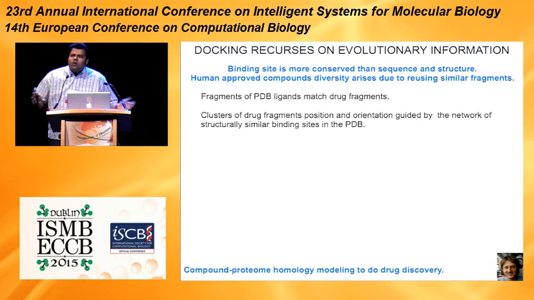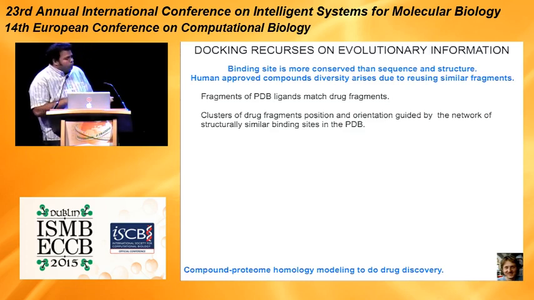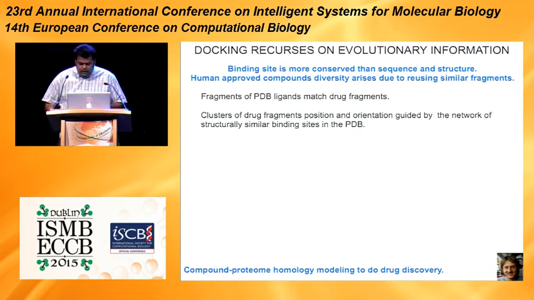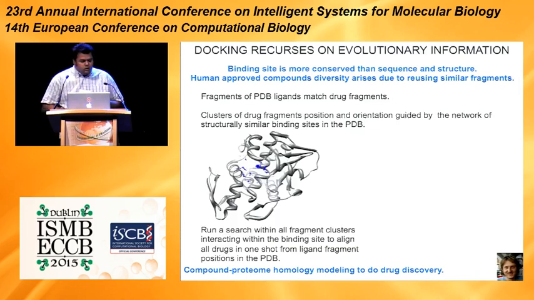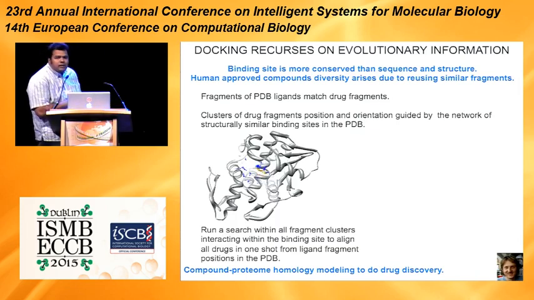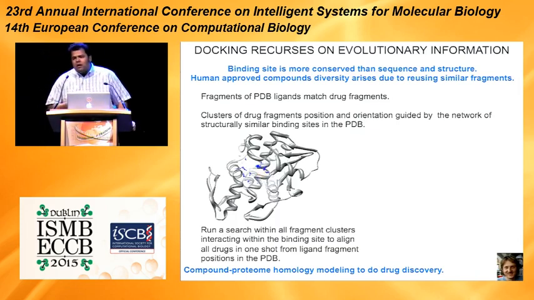So let's look at the entire PDB. At a whole-compound level, we don't get matches, but at a fragment level, there were a lot of matches with the fragments of the PDB ligands. Along with looking at the microenvironment of these fragments, we can cluster them in the binding pocket of a protein. You can think of a protein having a binding site, and all the blue points here are the positions of the fragment, which occurs in similar binding sites across the entire PDB.